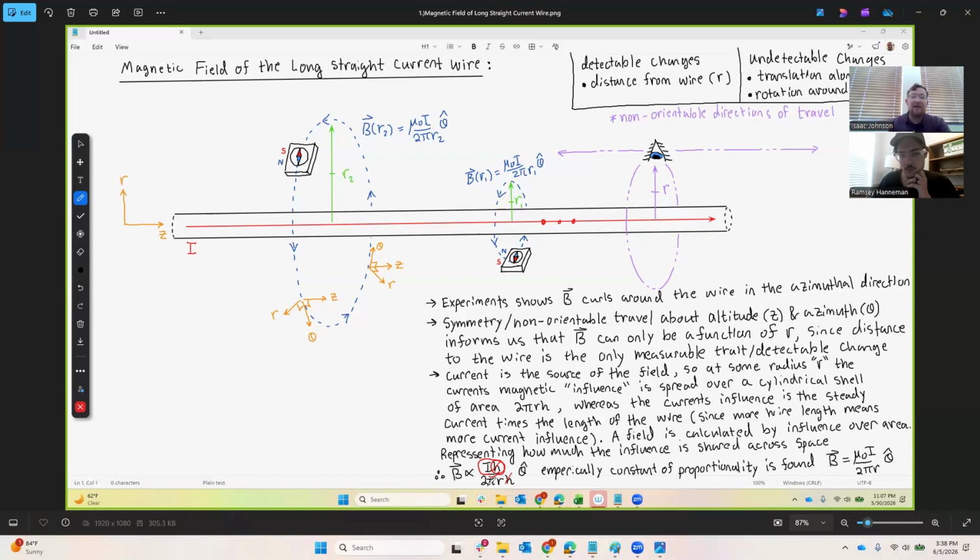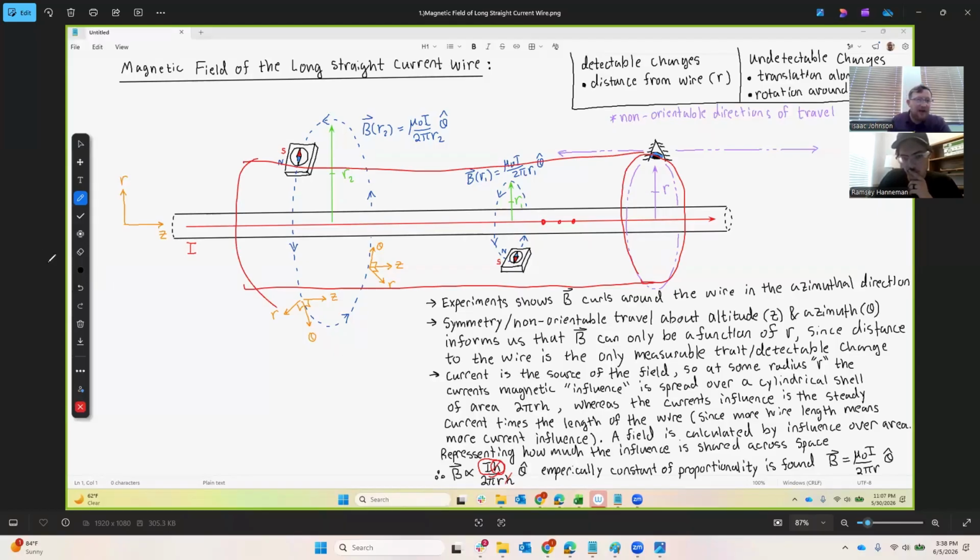And then we divide it by the cylindrical surface area that influence is being spread over, which in this case would be the circumference, 2 pi r, times the length h, which happens to be infinite.